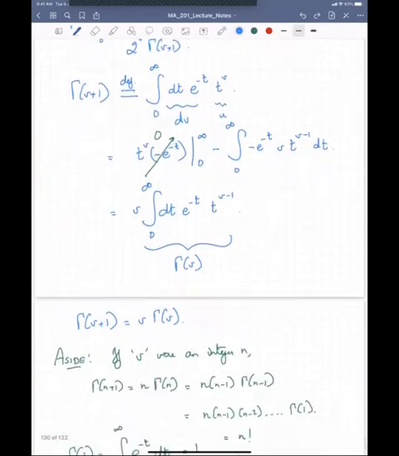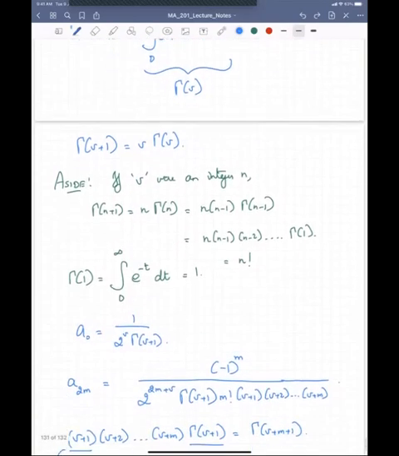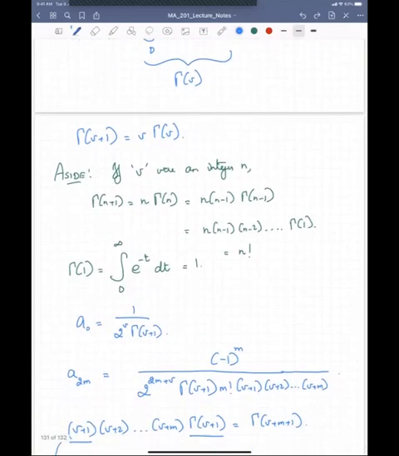Okay, so we define what a gamma function is. In case you have not seen this, please go through this portion. The gamma function has this very nice property that gamma of nu plus 1 is just nu times gamma of nu. And this tells us that if nu is an integer, you can keep going down the ladder this way. I can write gamma nu as (nu minus 1) gamma of (nu minus 1), and so on and so forth, and I can figure out everything in terms of gamma 1.